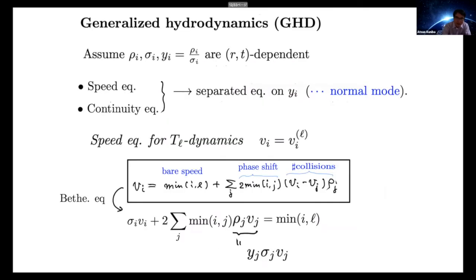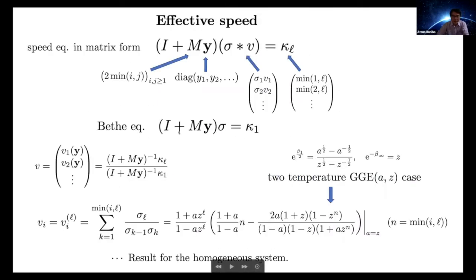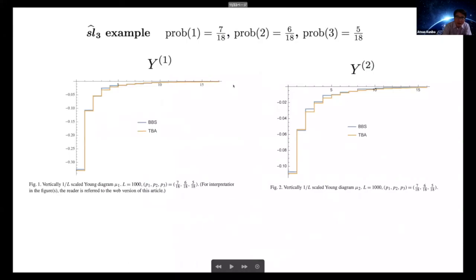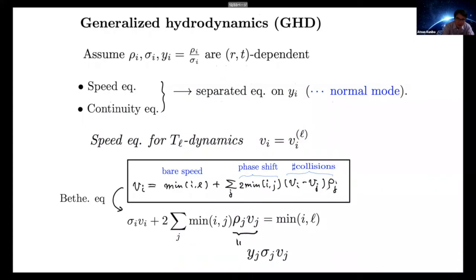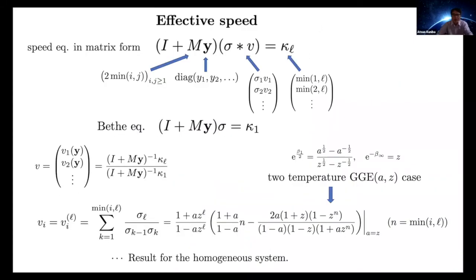You are right, this inverse can become subtle if yi is not decreasing rapidly enough. But what we use is the result here. This zi is between 0 and 1, so this zi is geometrically decreasing. Then that allows us to make this inverse well defined.